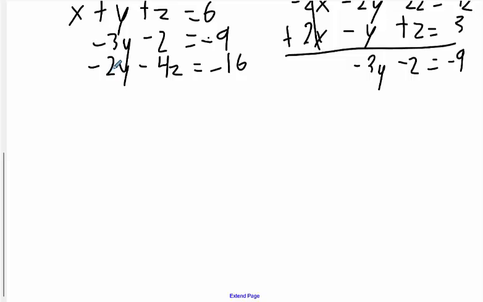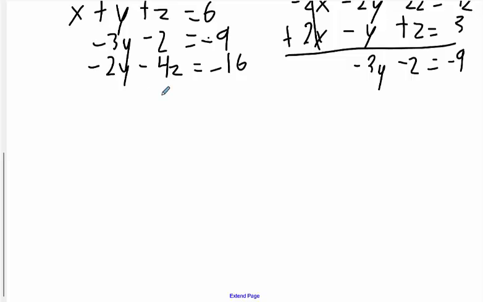I say we get rid of y by making them 6. 3 and 2, 3 times 2 is 6. So that's a common multiple, 6. So we need 1 to be 6 and 1 to be negative 6. If we do that, we can do it this way.